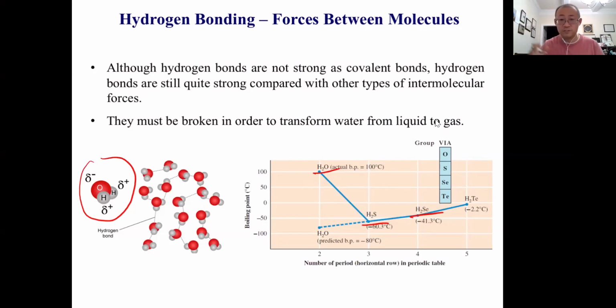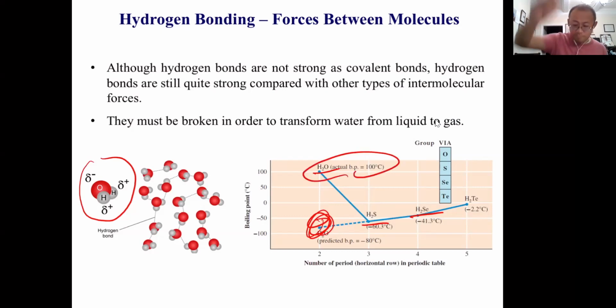They're in the same group, so we're comparing similar types of molecules. Normally, the boiling point predicted will be here if we talk about these molecules as similar. But the actual boiling point is what? You can see it is much higher than the rest, H2S, H2Se, H2Te.